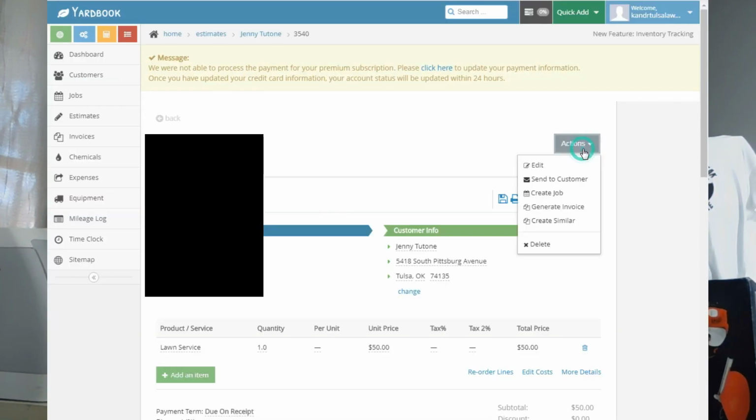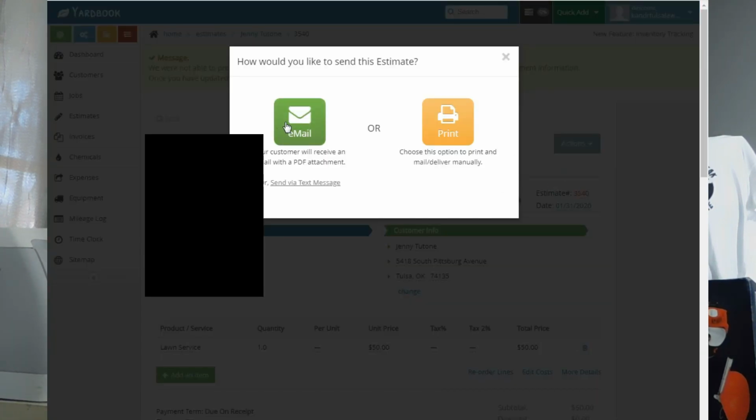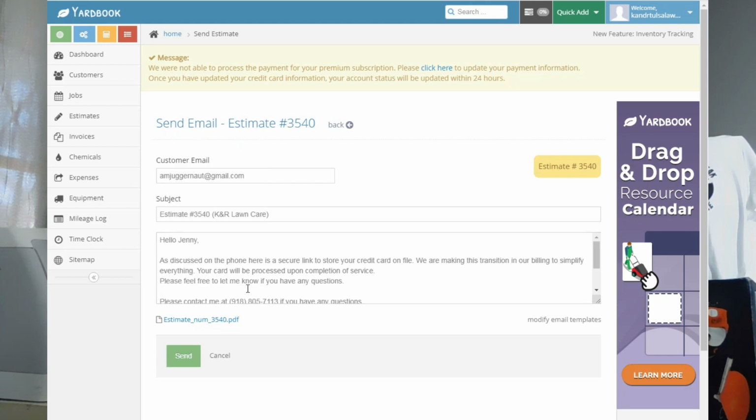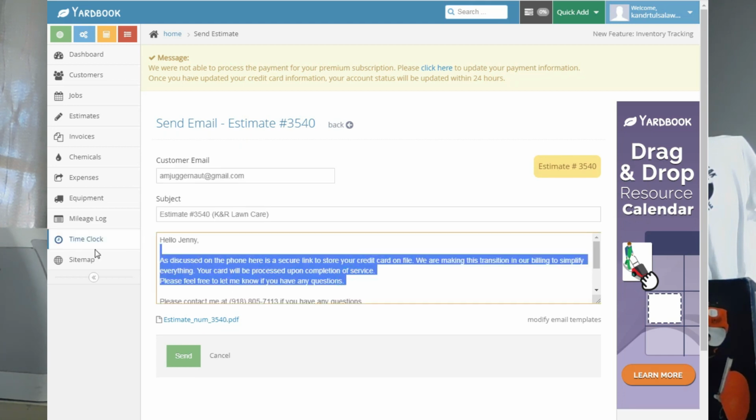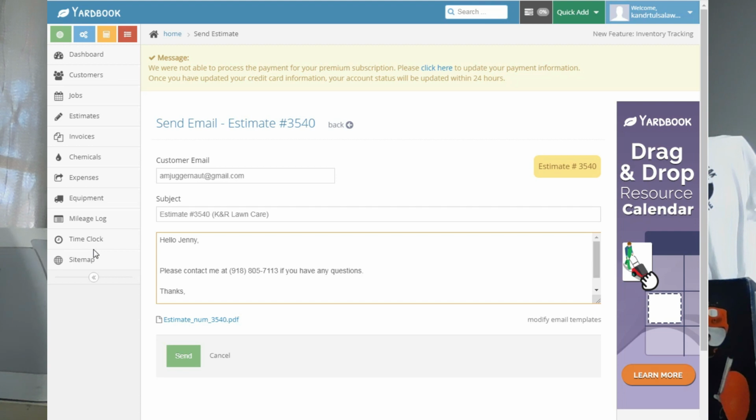So what we do is we would hit action and we would send the customer, send via email, and we would put in the body, and you can go in and customize this stuff, here is your requested estimate.